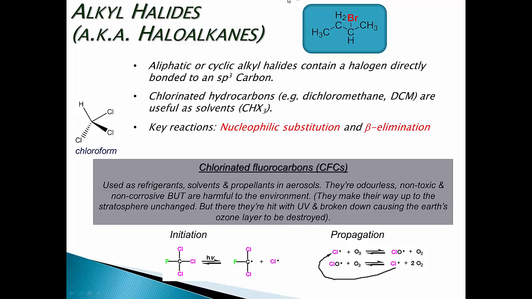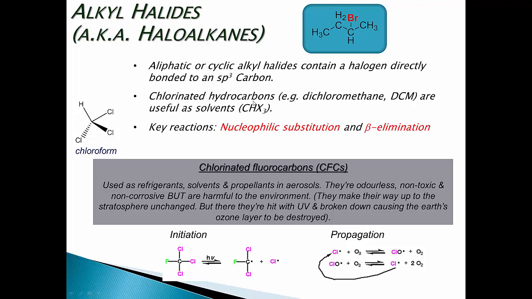So haloalkanes, also known as alkyl halides depending on which textbook you're looking at, are basically an alkane with a halogen coming off it. They could be aliphatic or cyclic. They can have branched, linear, all sorts of different backbone structures, but there's going to be a halogen directly bonded to an sp3 carbon, so a carbon that's making 4 bonds.